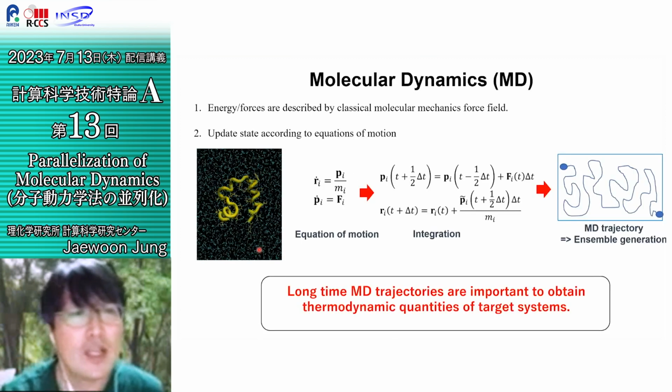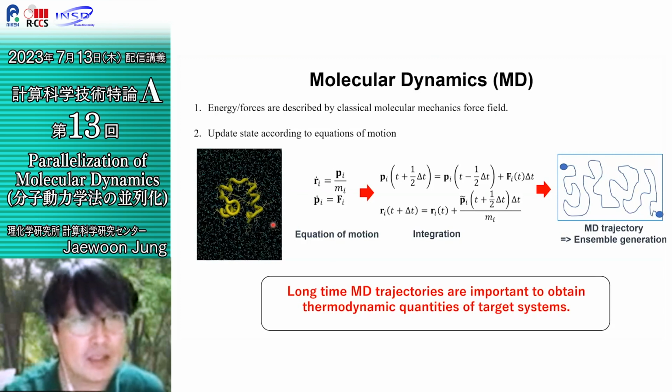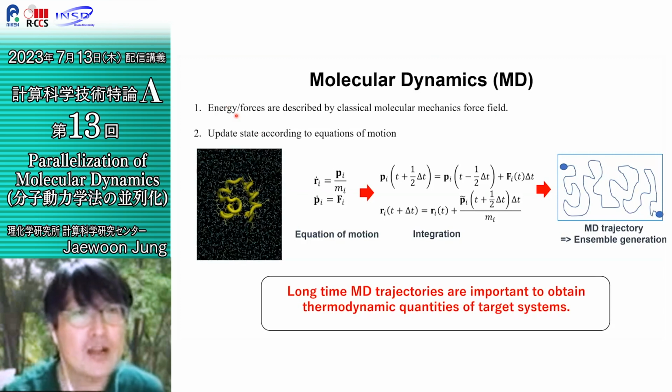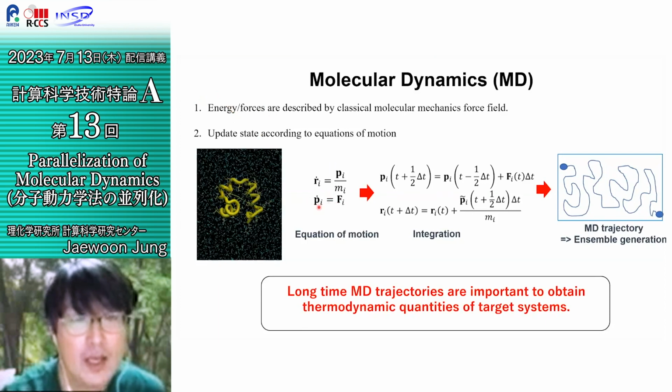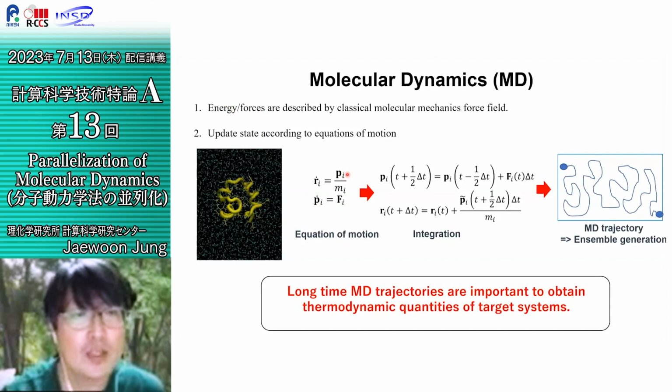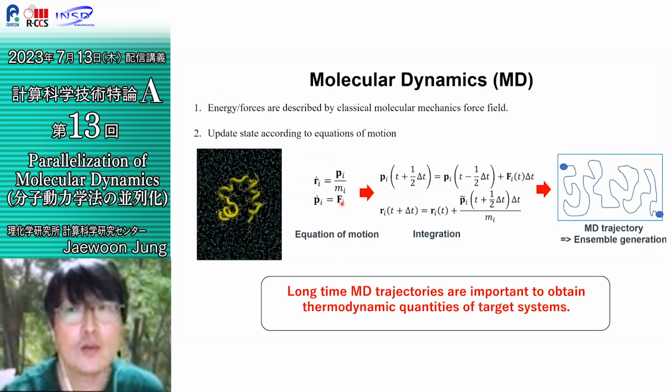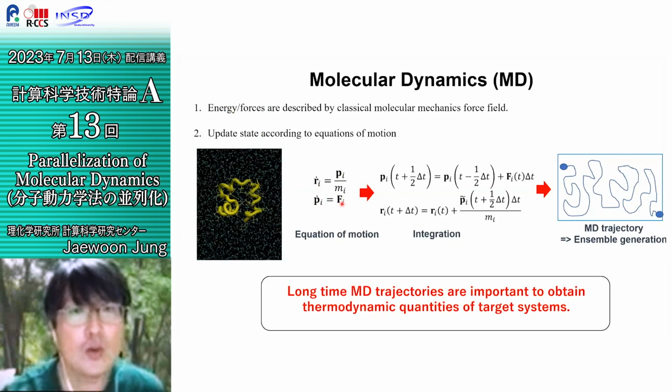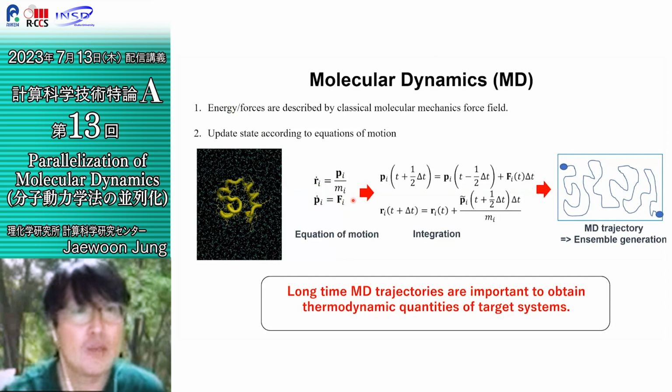So in MD, for every particle, we evaluate energy and force. And from the force, we can update the momentum. And from momentum, we can update the coordinate. So this is the equation of motion. Maybe you also studied this one from F equals ma.